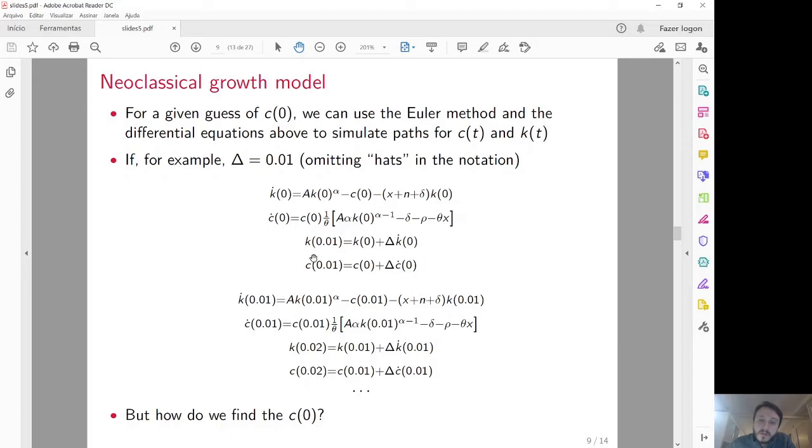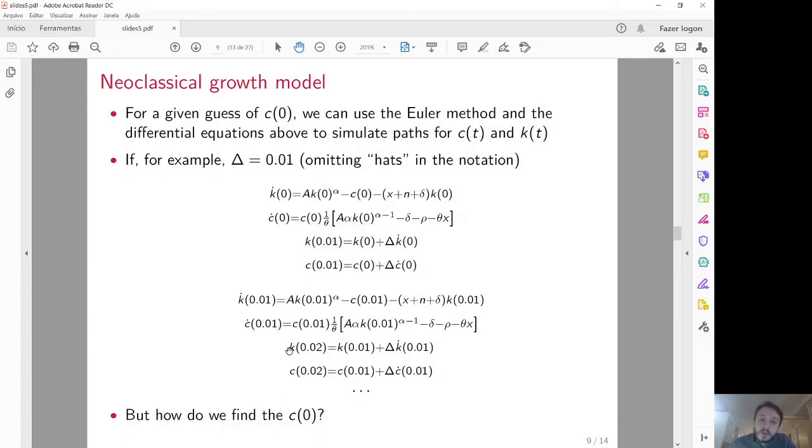And we do the same thing for consumption. So we get capital and consumption in the second time period that we are simulating. Okay, in the first time period is time 0, and now we have capital and consumption for the second time period, which is time period 0.01. And then we can go to the next iteration.